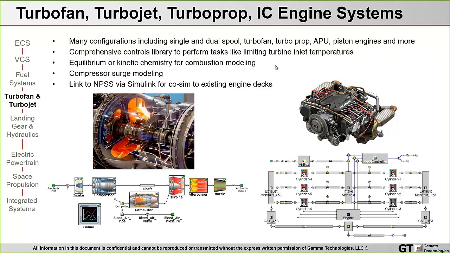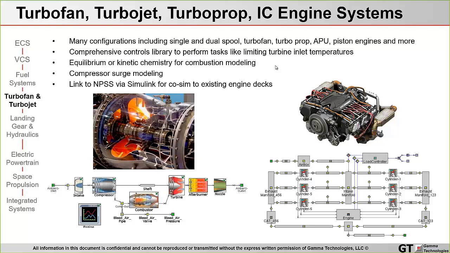Transitioning to turbofans, turbojets, turboprops, and IC engine systems, the user could study many of these different types of power plants in GT-SUITE, starting with typical IC engines that you might see on lighter duty aircraft, where the user can build the entire engine breathing system to predict performance under different conditions, particularly taking into account things like altitude and fuel composition.